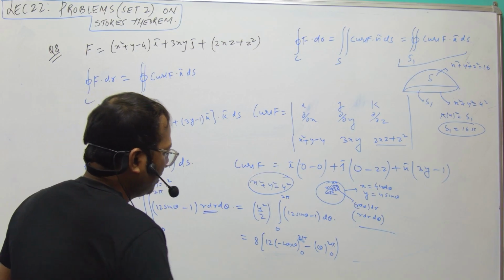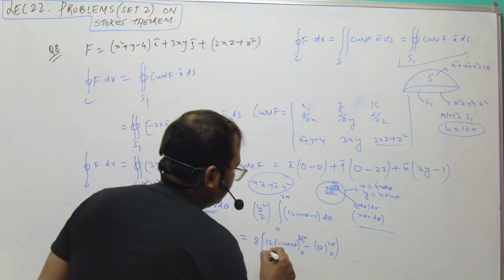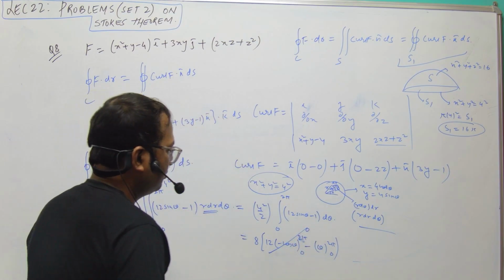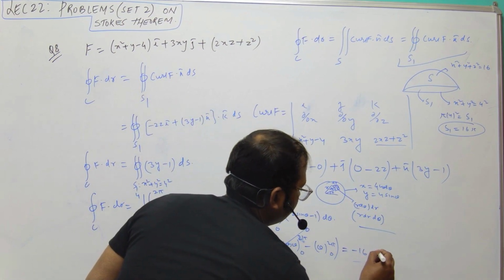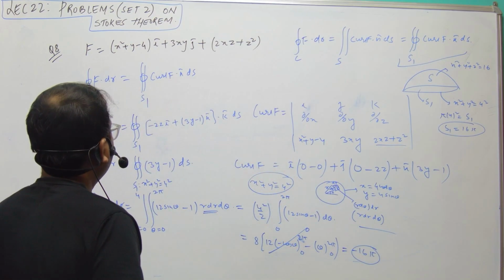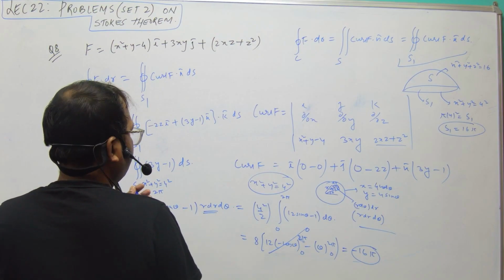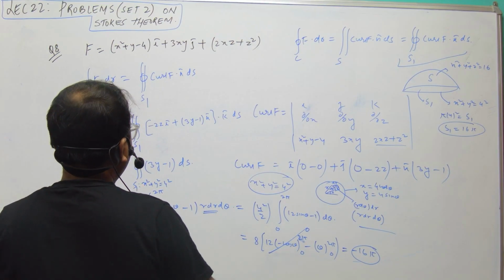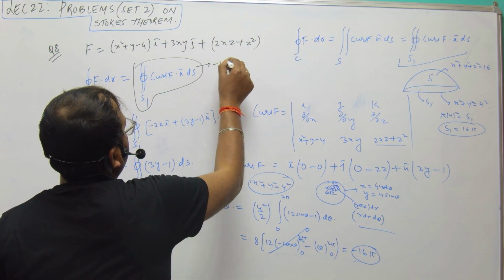So this will be 0 because cos 2 pi is 1 and cos 0 is also 1, and this is equal to 8 times of 2 pi, so this will be equal to minus 16 pi. So the value of surface integral is minus 16 pi.